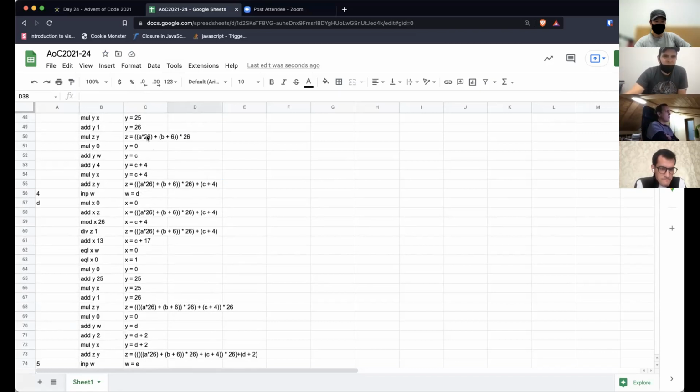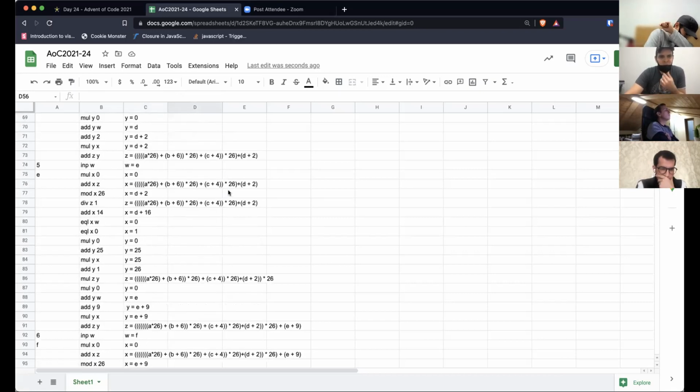Eventually you realize that when we multiply Z and Y and add Z and Y, things just keep getting bigger. So Z just keeps growing, and there are a lot of multiply by 26 steps in here. A multiplied by 26, B plus 6, and then you multiply that by 26.